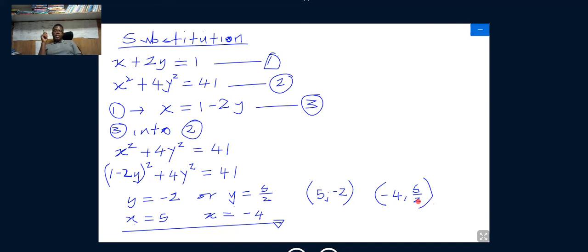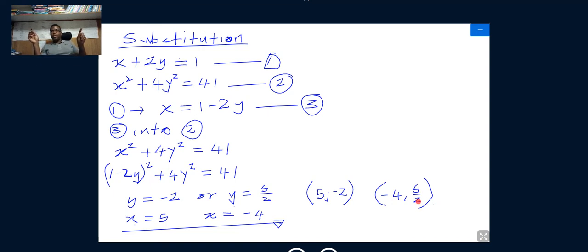What does this tell us? It means that the straight line x plus 2y equal to 1 cuts or intersects this nonlinear equation, x squared plus 4y squared equal to 41, at these two points.